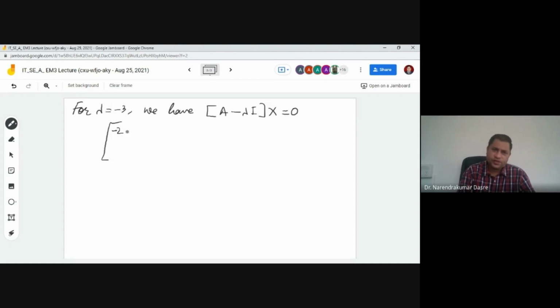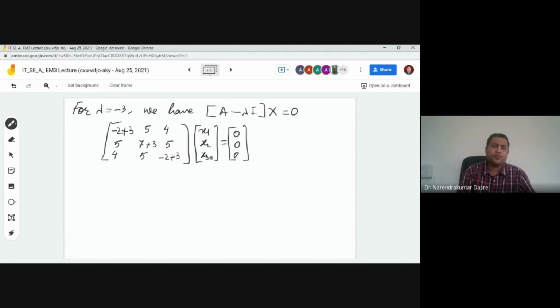Lambda is going to be minus 3, so this will be plus 3. 5 and 4, 5 and 4. Then this is 7 plus 3, we'll be having 5, and this is minus 2 plus 3. Here we have the components of this vector, x1, x2, x3, equal to 0.